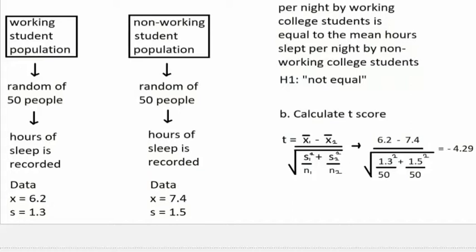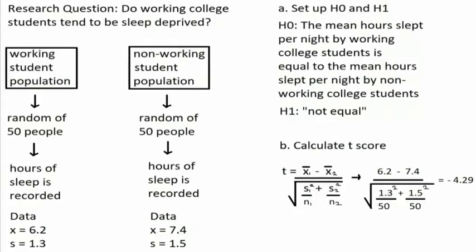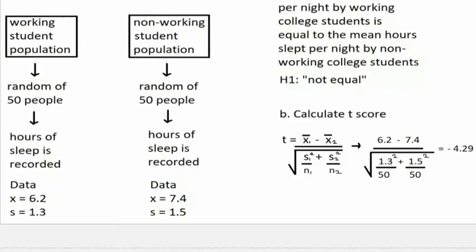And let me just talk a little bit about why the t-score is needed. Even though we have the mean of this sample of 50 people and the mean of this sample of 50 people, we don't know what the population means equal. In other words, we don't know what the mean of all working students in this population equals, and we don't know what the mean of all non-working students equals.